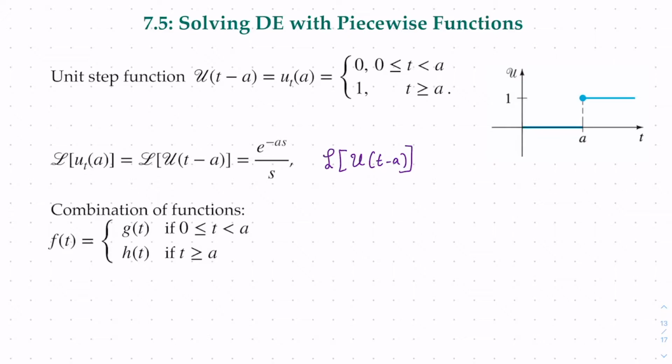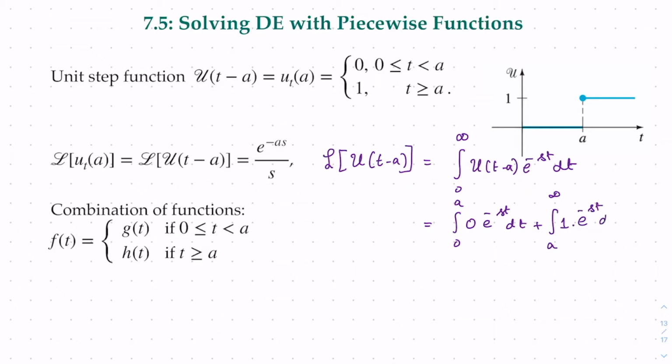that is going to be the integral from 0 to infinity of u of t minus a times e to the negative st dt. And if you take a look at this function, from 0 to a, the function is 0, and with e to the negative st it doesn't matter, that's 0 anyway, dt, plus the integral from a to infinity, where u is 1, times e to the negative st dt.